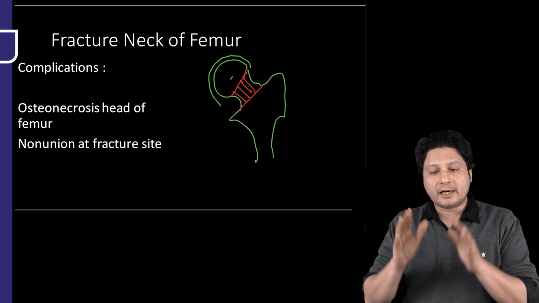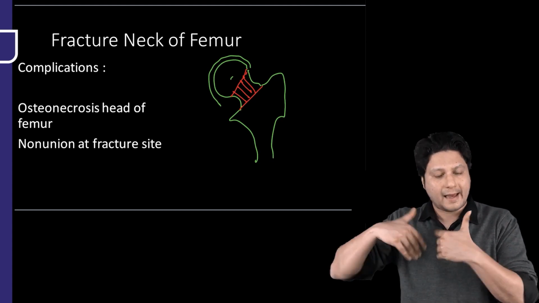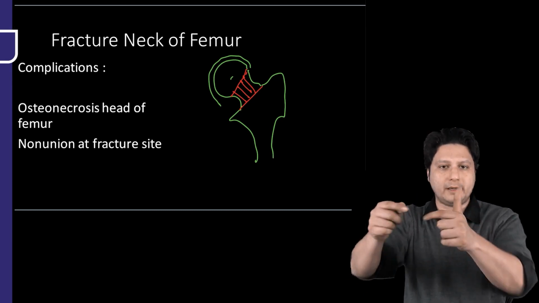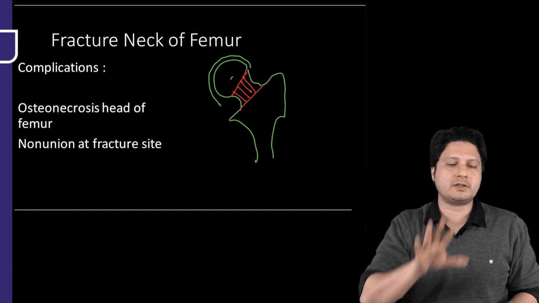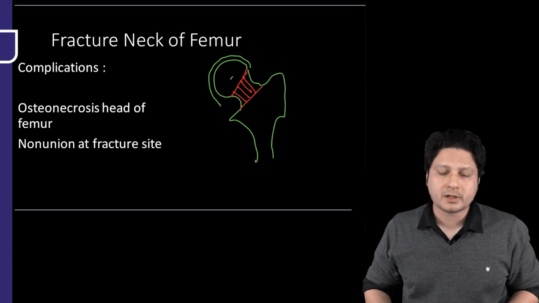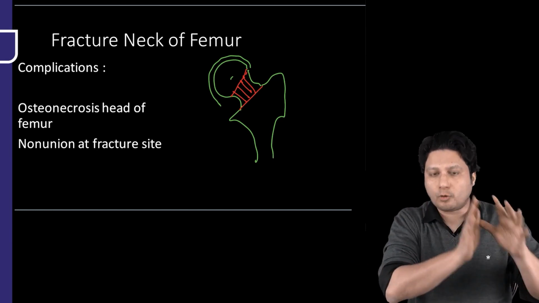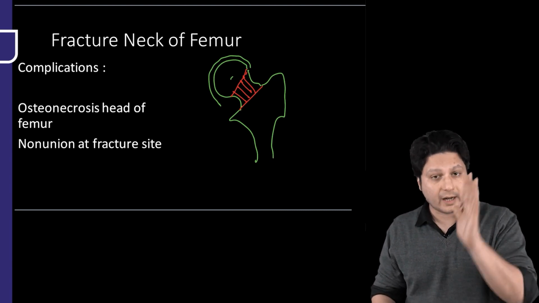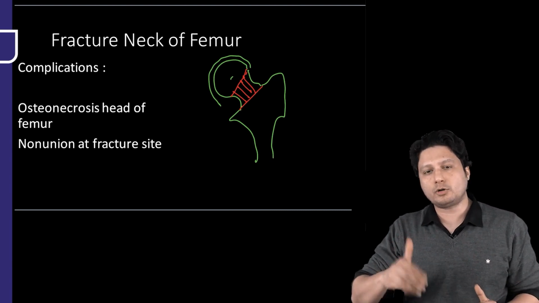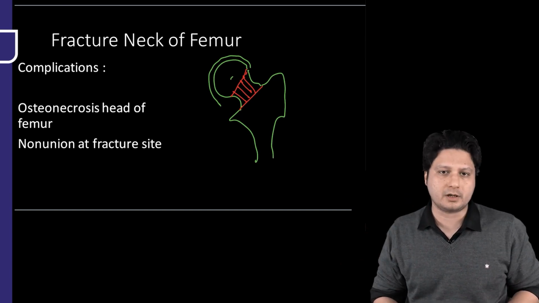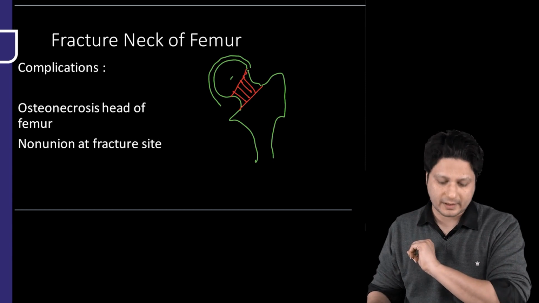The management would be decided based upon the age group and the possible complications related to that age group in which the fracture neck of femur has happened. So everything is decided based on the possible outcomes in the form of a complication. That is why, before even talking about the classification systems, it is always important to have a discussion on the complications of the fracture neck of femur.